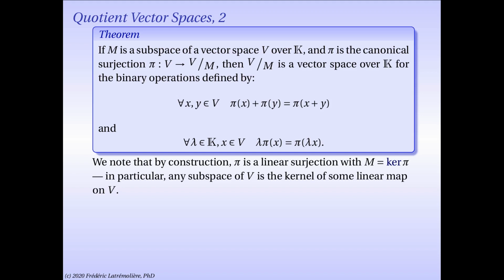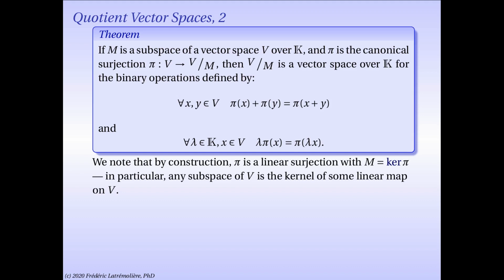It's a linear map, so if you look at all the vectors of V that are mapped to the 0 element in the quotient, well, we know what they are. They're all the elements that are equivalent to 0. They are the equivalence class of 0, which is that subspace M that I've chosen to define my equivalence relation. So that means that any subspace of a vector space is actually the kernel of some linear map.